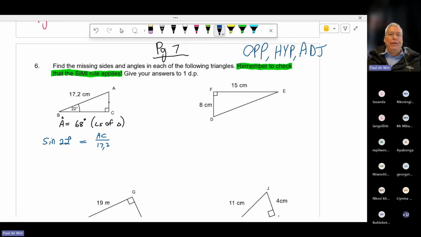Remember, sine is opposite over hypotenuse. How many variables are left in this equation? Just one. Who can tell me what I must do now to find AC? What should I do to both sides of the equation?